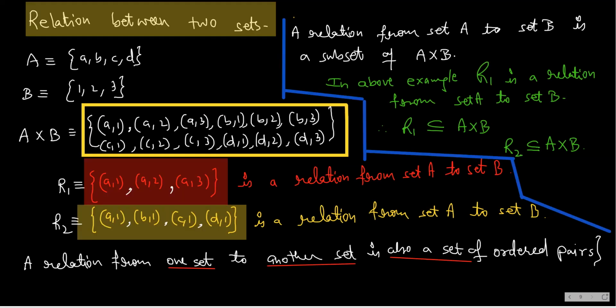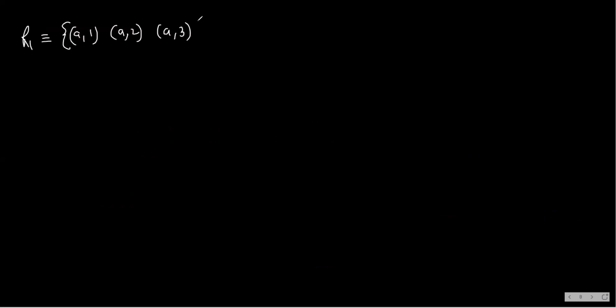R1 was A1, A2, A3, and R2 I have is A1, B1, C1, and E1.